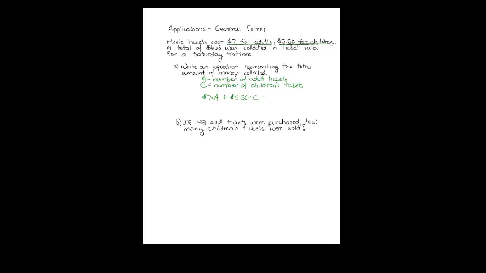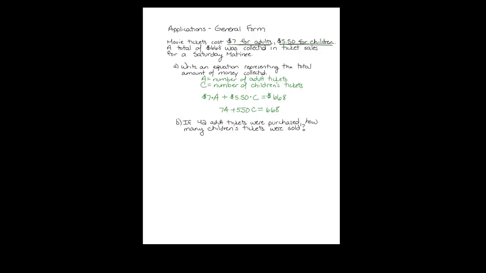Now that sum adds up to the total amount collected, which in this case is $668. So rewriting this, 7A plus 5.50C equals 668. That is our linear equation in general form.